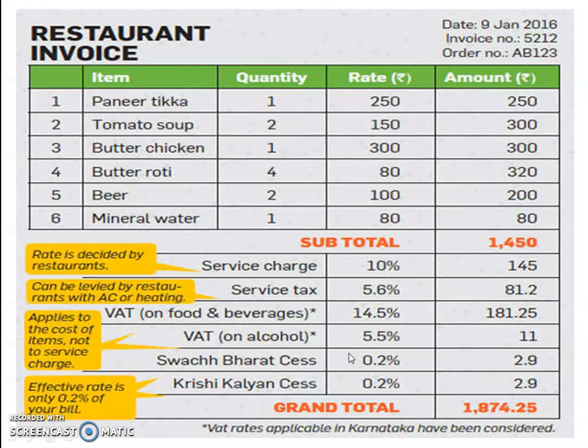They are all given in percentages. Here service charge is 10% of the subtotal. That is, whatever tax is there, it is calculated on the cost price, or it is added to the selling price.